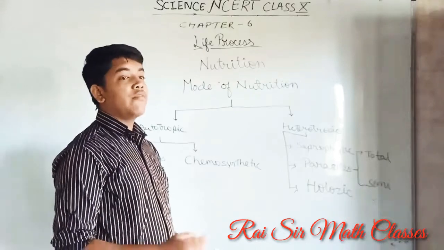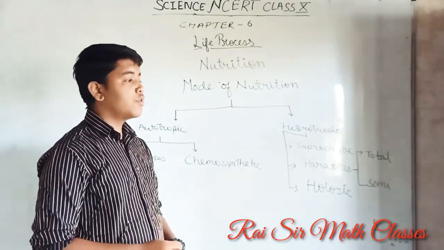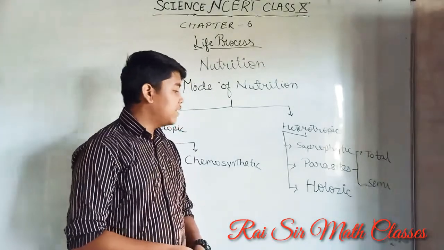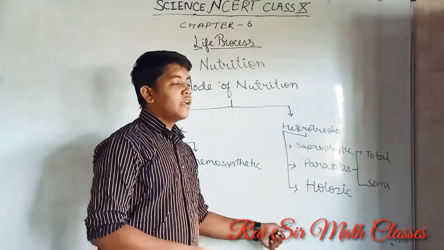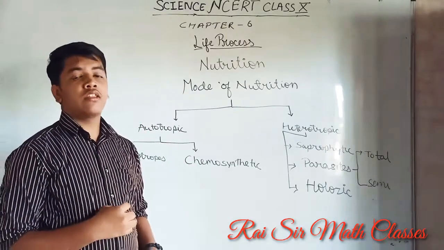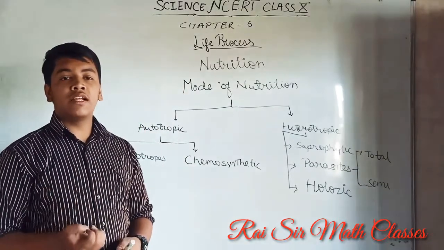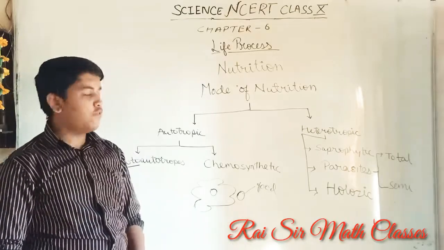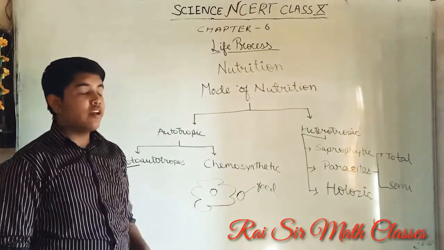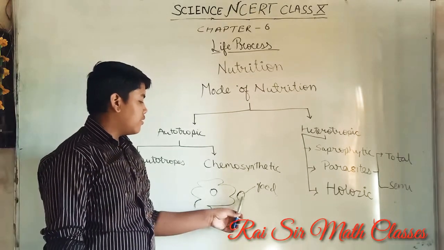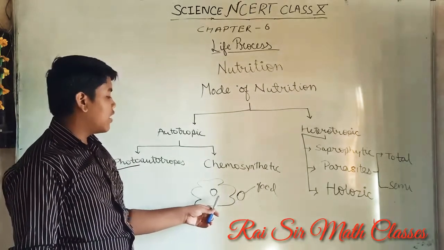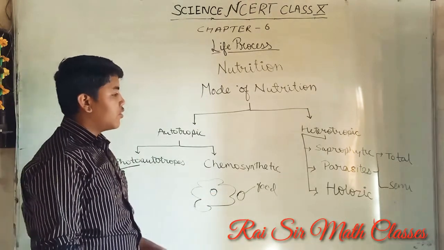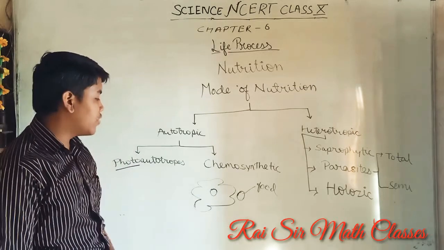The word holozoite came from the Greek word zoic, meaning the plant or animal that ingests solid, liquid or gaseous food particles. An example of holozoite is amoeba. When food particles come near the amoeba, it engulfs them. So it is a basic example of holozoite.